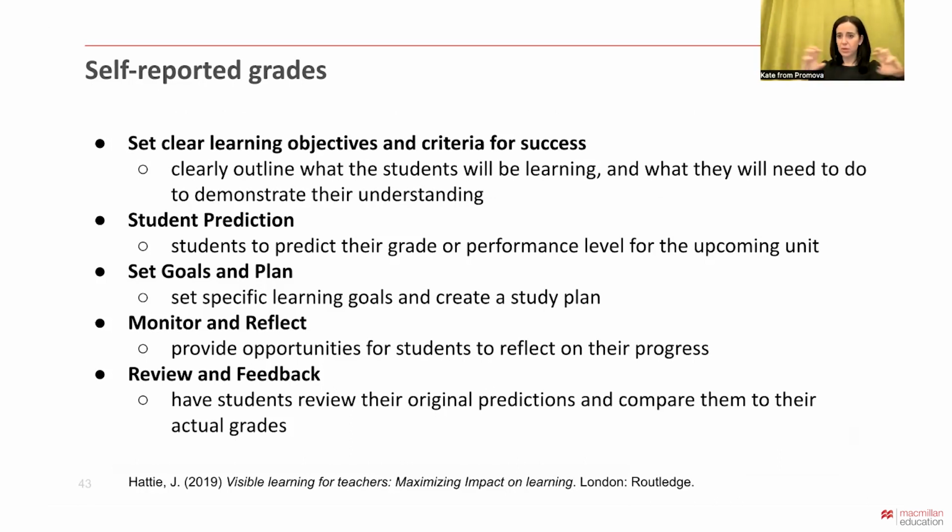And then we would look at their own assessment and we would set out specific learning goals. We would see what the students are confident in and we would pay less attention to that. And we would pay more attention to what the students don't yet know. While we're working on those things, we would need to provide the students with opportunities to reflect on their progress.